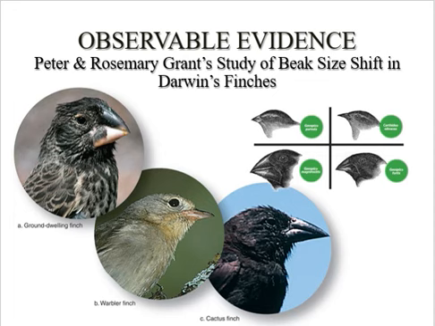Now, there are two classic examples that are studied or talked about regarding observable evidence. The first was a study done by Peter and Rosemary Grant with medium ground finches. They studied these finches for more than 20 years on the island of Daphne Major in the Galapagos Islands.